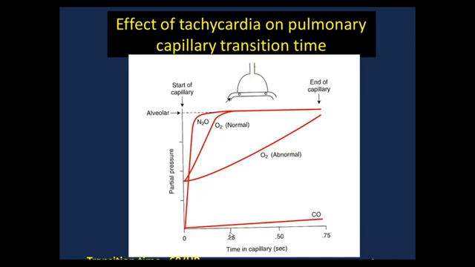For example, with a heart rate of 180, 60 divided by 180 gives 0.3 seconds. So there is not enough time for the capillary blood to get fully saturated with oxygen. Tachycardia might impact hypoxemia, especially significant tachycardia with heart rate more than 180 beats per minute.